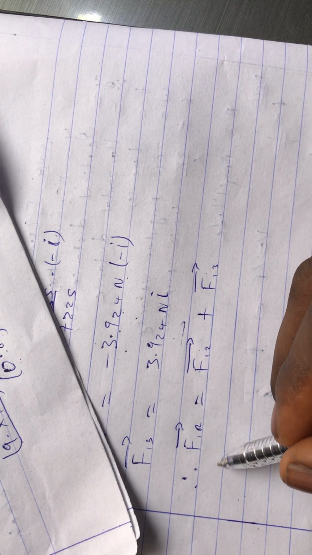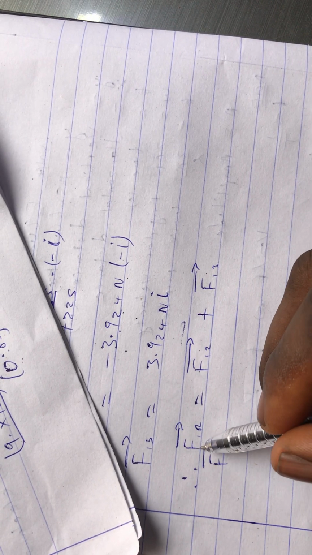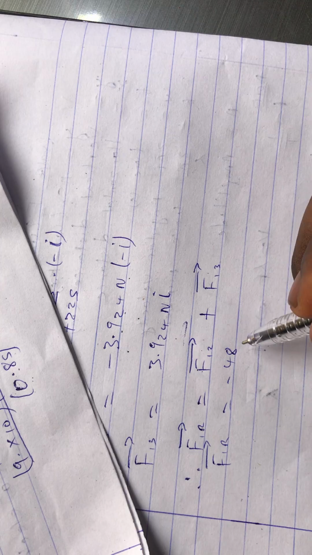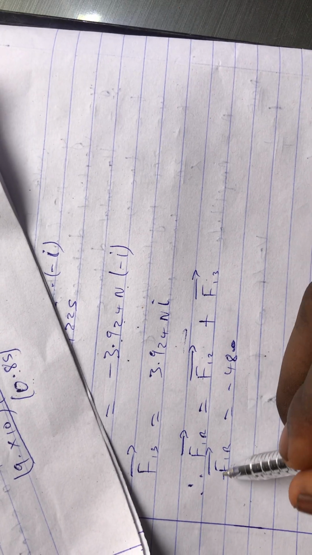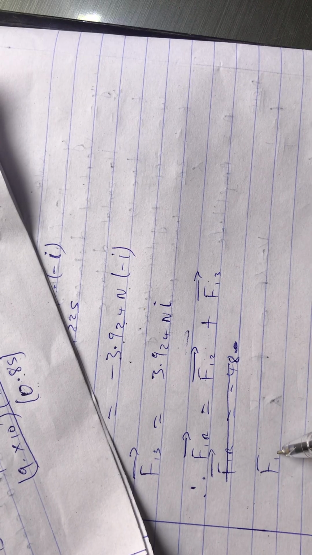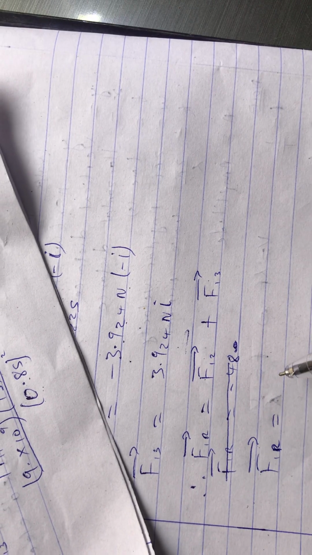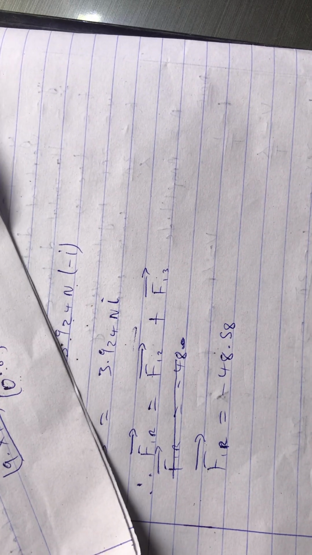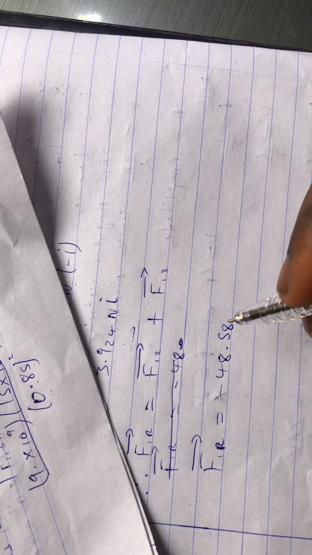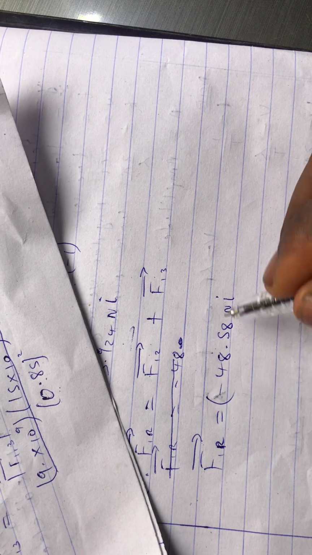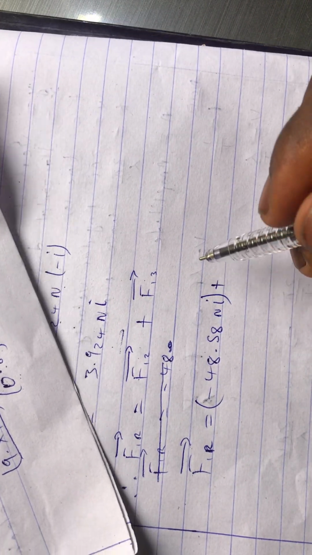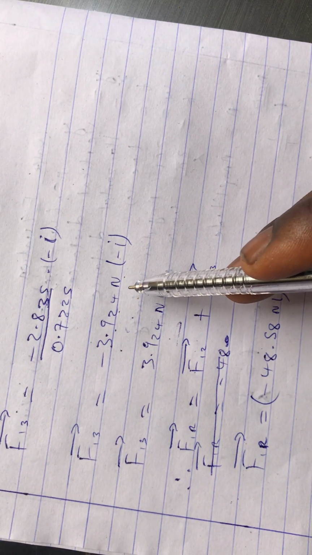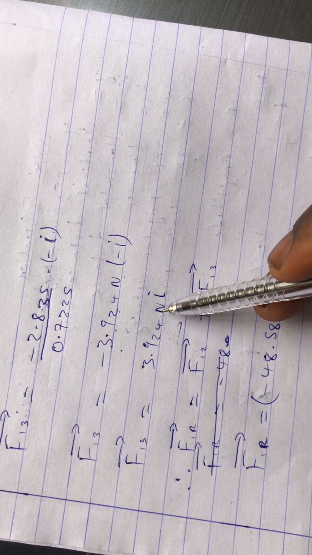That means the resultant force on 1 will give you minus 48.58 Newton I, close your brackets, plus, what do we get as our force 1 and 3? This is what we got here.